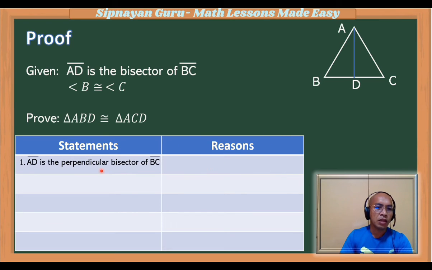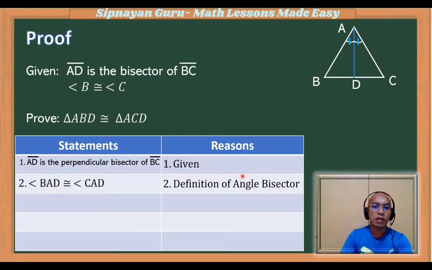So first statement, the given statement. Since this segment AD is the bisector, from this statement we can have another statement that angle BAD is congruent to angle CAD. The reason: the definition of angle bisector. Then thirdly, we have another statement that says that angle B is congruent to angle C. The reason: given.